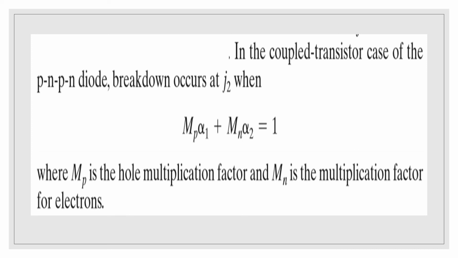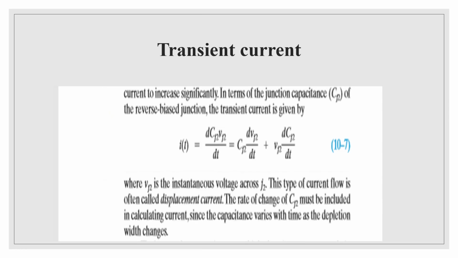If the forward bias voltage is applied rapidly to the device, switching can occur by a mechanism commonly called dV by dt triggering. Basically, this type of triggering occurs as the depletion region of J2 adjusts to accommodate the increasing voltage.